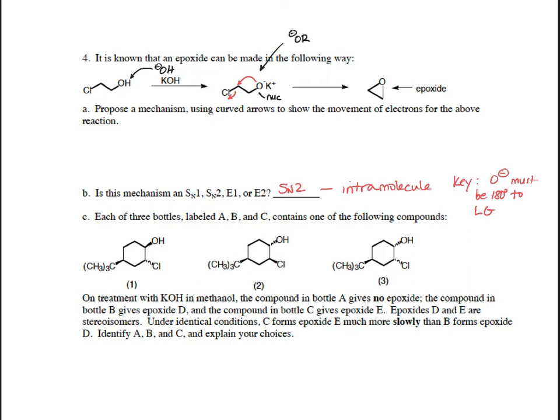And they tell us that when you treat the system with KOH and methanol, the compound in bottle A gives no epoxide. It doesn't do it. So keep in mind what's going on in all of these. Notice you have an OH, and then right next door is a Cl, very similar to what was here on top.